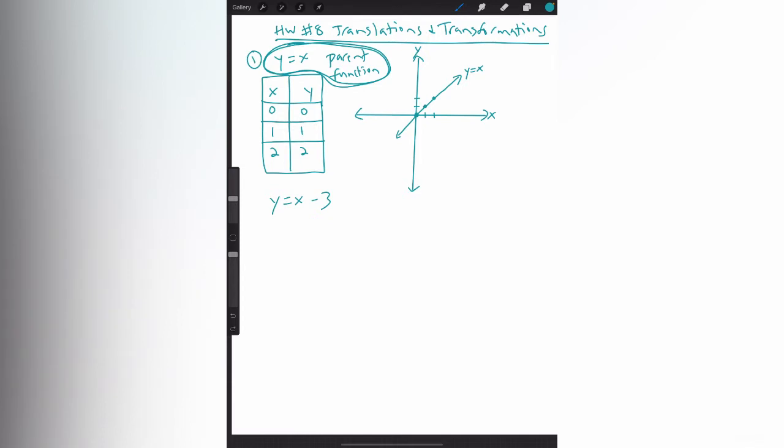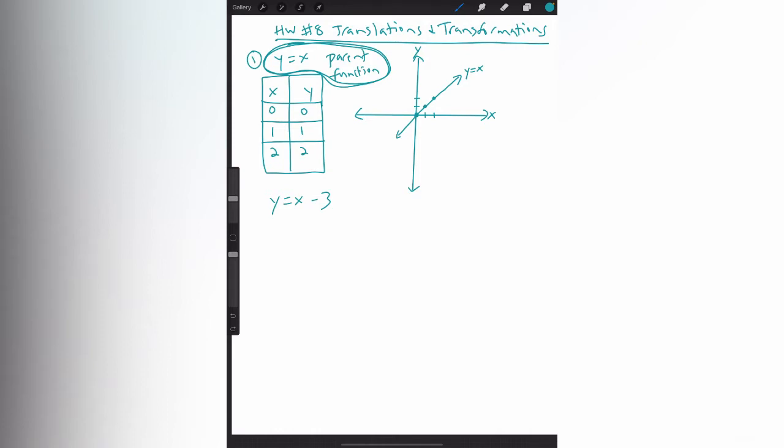So what does that mean? Every single time that you are subtracting outside of our parent function, whatever the number is, that means we're going to move all the y values down 3. So this minus 3 on the outside means we're going to move it down that many units. In this case, it's down 3 units.